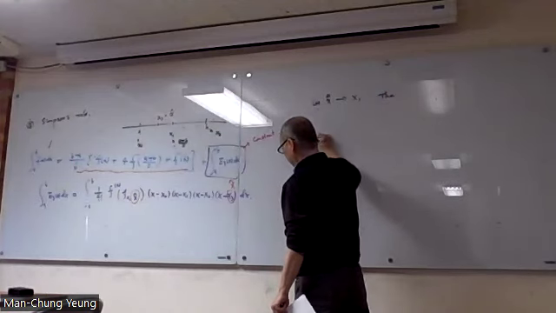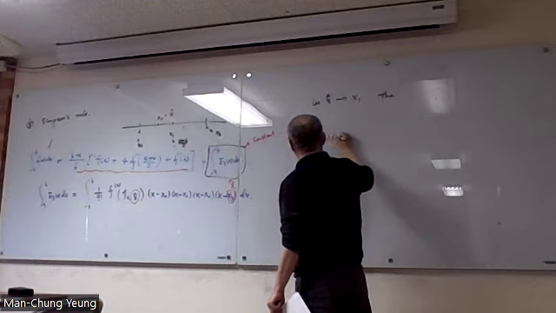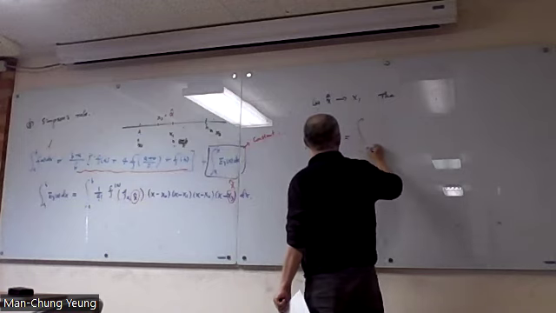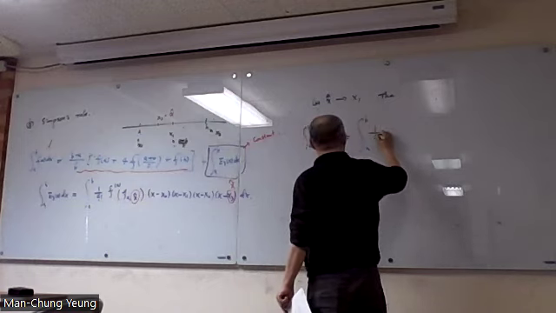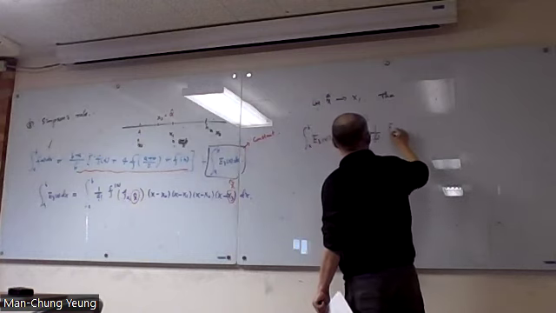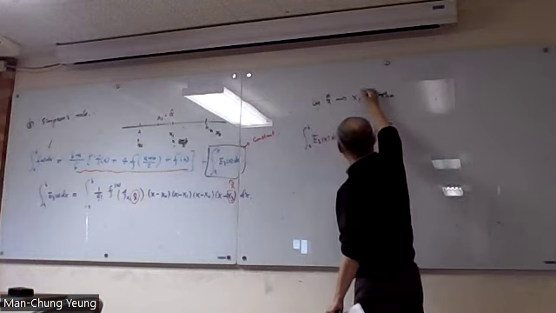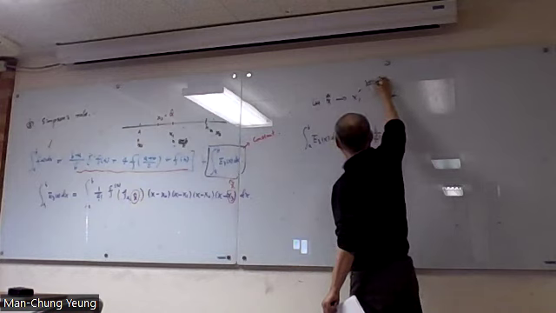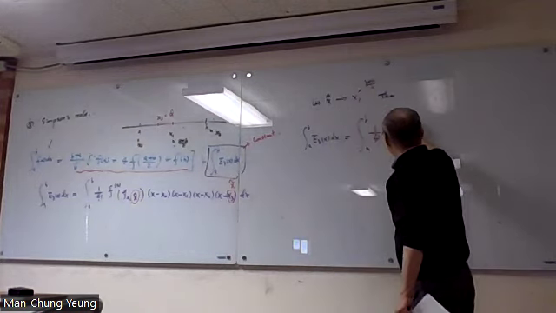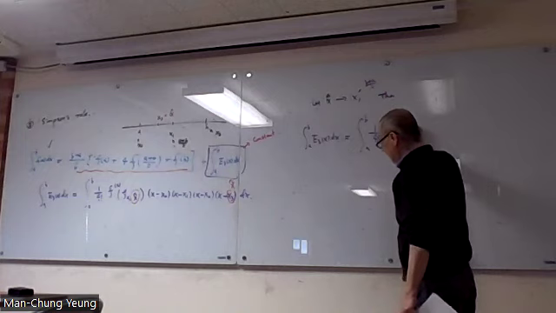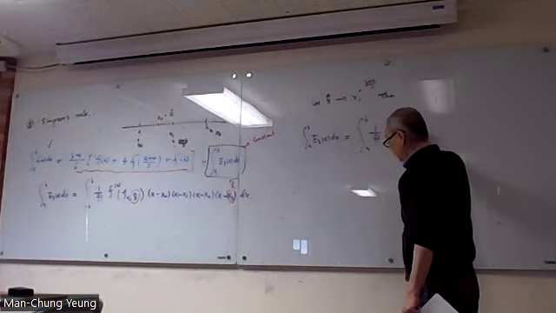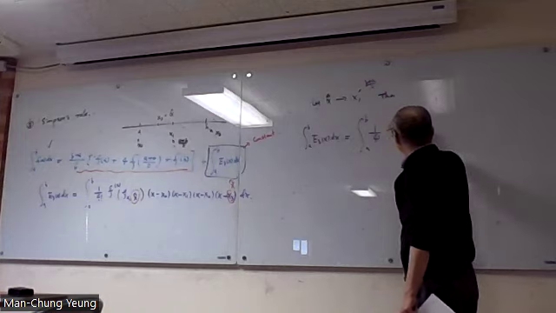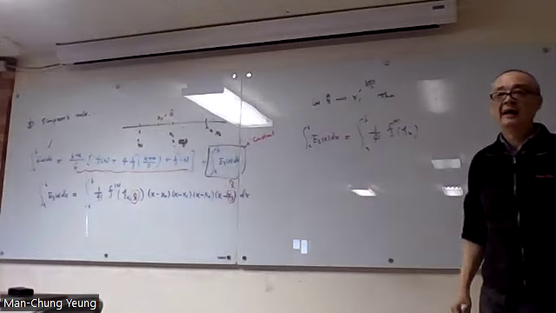Then the error E3 is equal to the integral from a to b of 1 over 4 factorial, and so on. What is x1? x1 is the midpoint. After we take the limit, xi no longer depends on x hat.